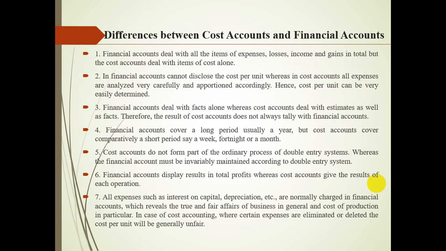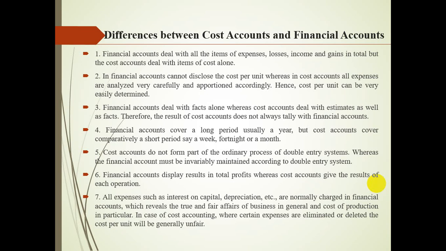Now how is it different from financial accounting? Normally in financial accounting we prepare balance sheets, income statements, and cash flow statements, but in cost accounting we do not prepare these. Cost accounting is only concerned with item cost, unit cost, and total cost of production.